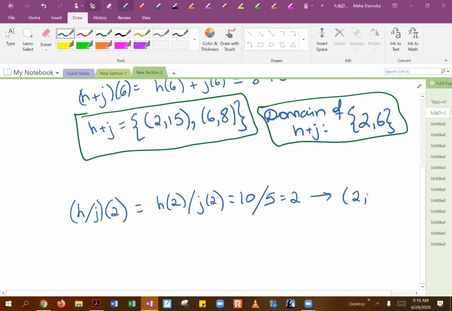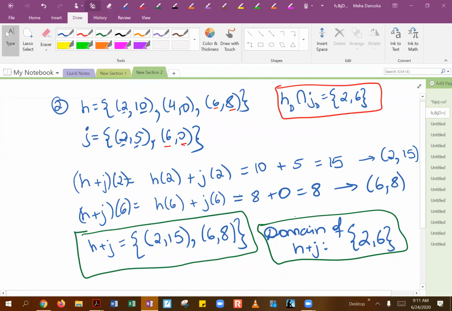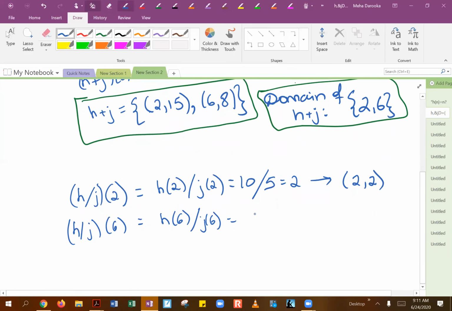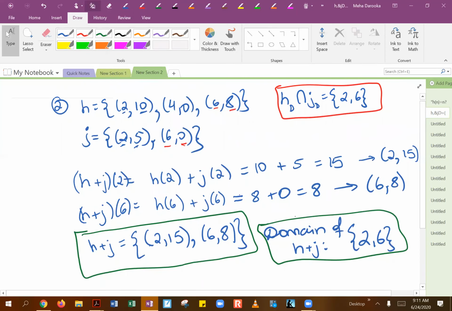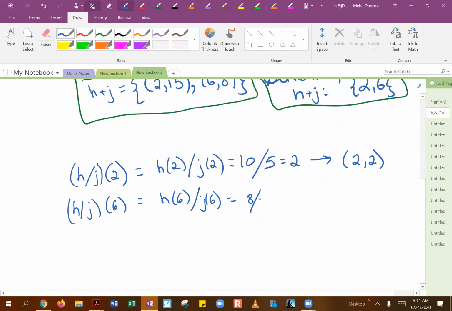You will get 2 and 2. Now we repeat the process for the second number in our intersection, which is going to be 6. So that's h of 6 divided by j of 6. So h of 6 gave us 8. J of 6 gives us 0. And what will that end up giving us? So 8 divided by 0.